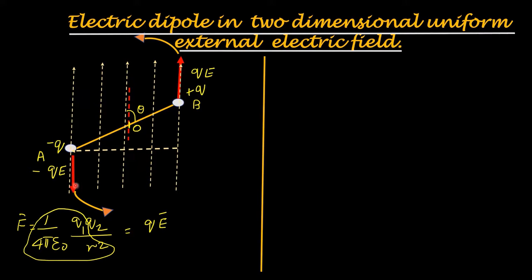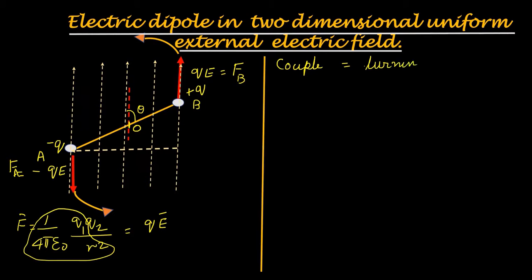Direction of negative QE is opposite to direction of electric field, and the direction of QE is in the same direction as that of direction of electric field. So here you have two forces at the two ends A and B acting in opposite direction. It forms a couple.